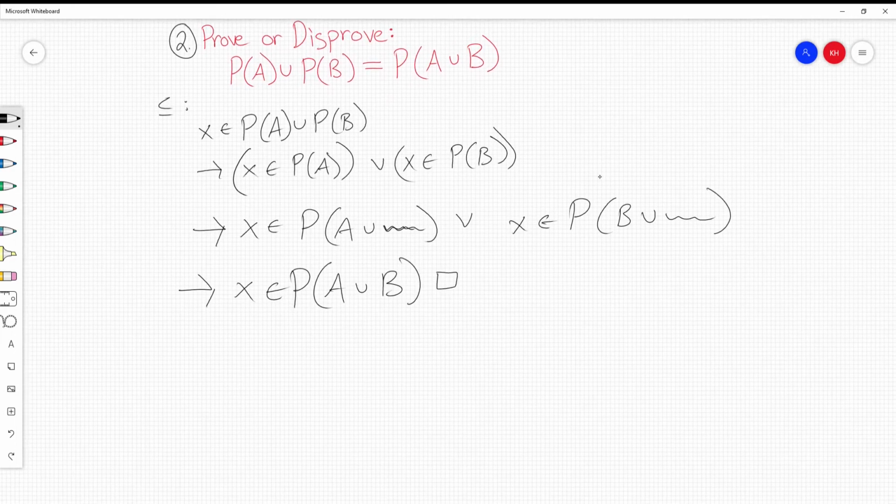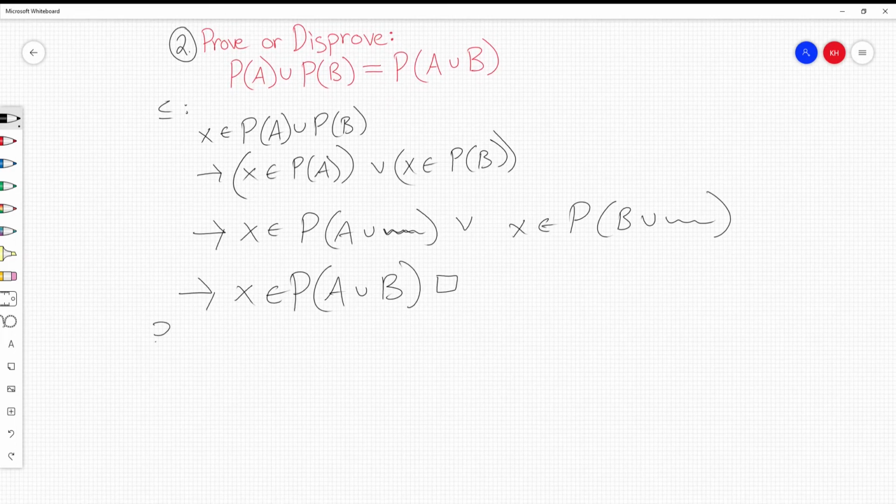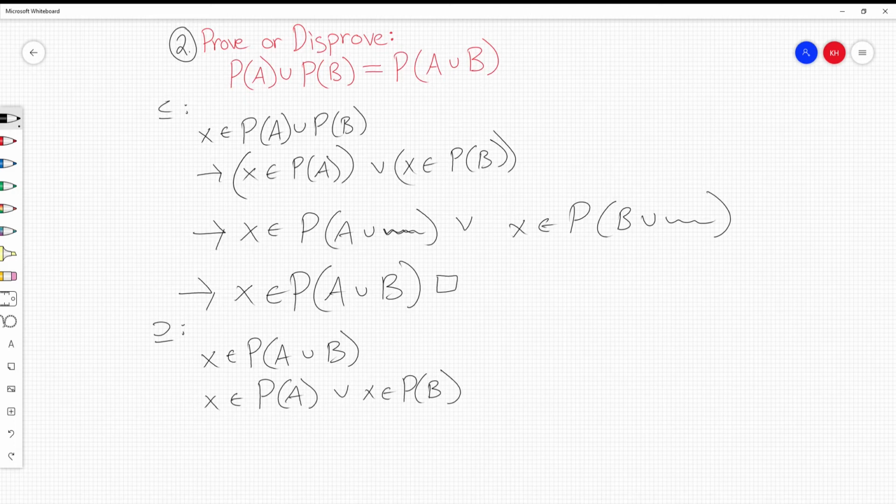All right, so let's try doing the other way around then. We have X as an element of the power set of A union B. Your first thought might be to break this down and say that X is in the power set of A, or X is in the power set of B. And you say, hey, we're done, we got nothing else to do.